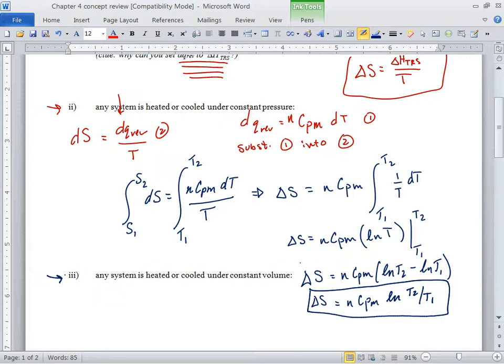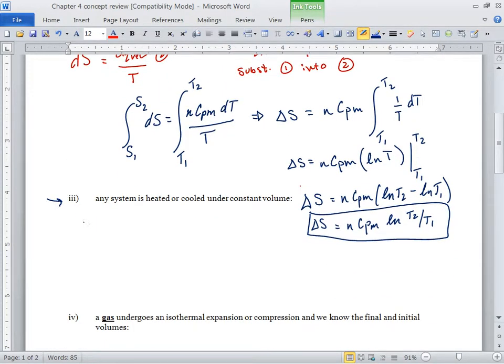I don't know. Anybody help him out? dQ, right? dQ reversible. Well, you'd start out here, obviously, right? You can't skip anything. It's equals n CVM delta T. There you go. That's what you were saying. Yeah. All right. Just change CPM to CVM.